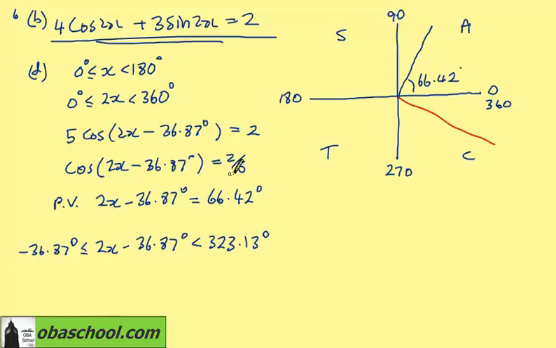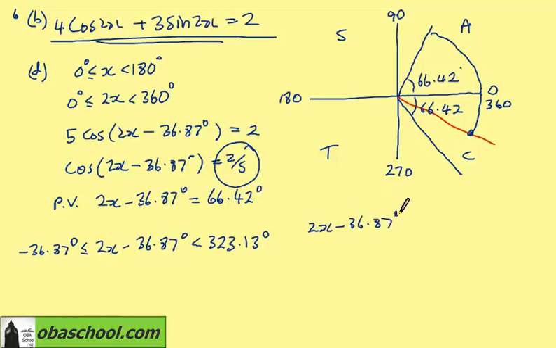It's a cosine and it's positive, so the other one must be here, and by symmetry this is 66.42. So we start looking for solutions here, we go through 0, and the first solution we find is that 2x minus 36.87 is equal to the 66.42.